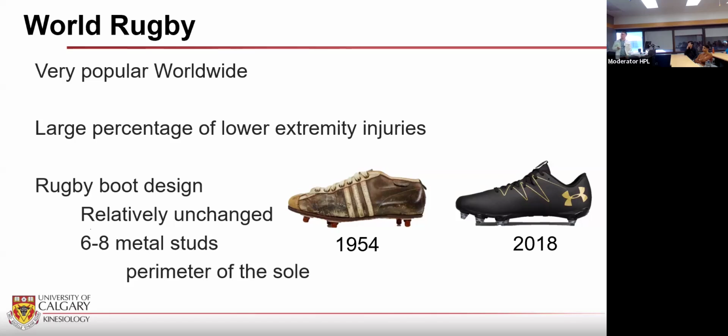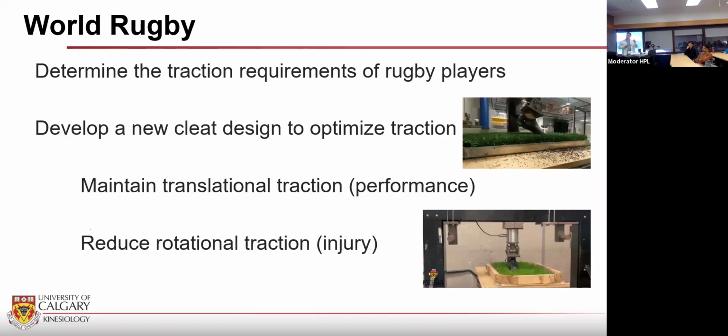So it's generally composed of 6 to 8 metal studs around the perimeter of the outsole. And it's not really been innovated and changed like other sports have. So the goal of this project was to see if we could come up with a more modern or different cleat design in which we could optimize the traction of the rugby boot.